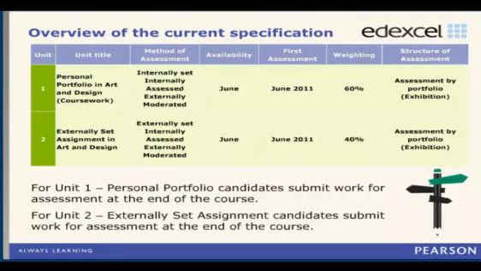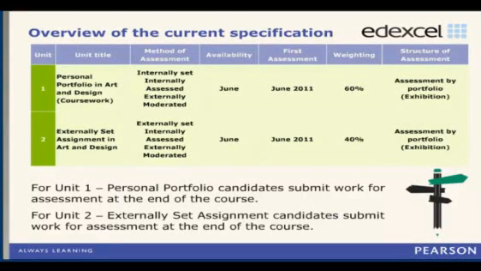The second unit is the externally set assignment. This differs from the first unit insofar as it's externally set by the examination board, but again you make some internal assessment decisions about the work that your candidates produce for that unit. Then the moderator comes to visit you, looks at the work and the marks that you've awarded, and sees to what degree those marks are in line with the national standards.